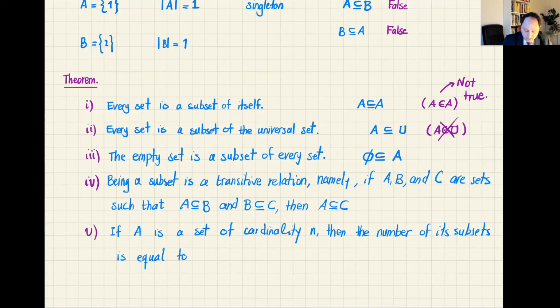Let me write this number later. I will give you examples and then we come back later. But to understand why this is true, you need to wait a little bit until we talk about combinatorics.